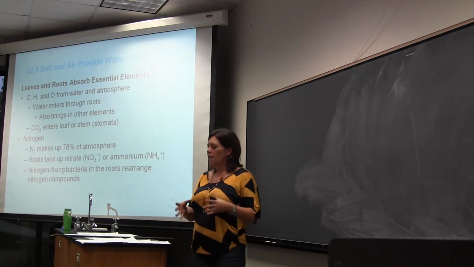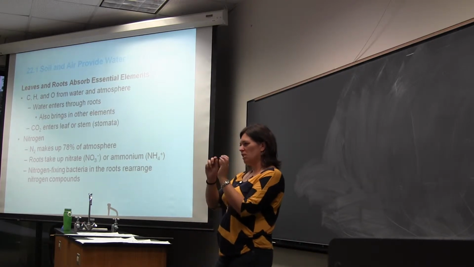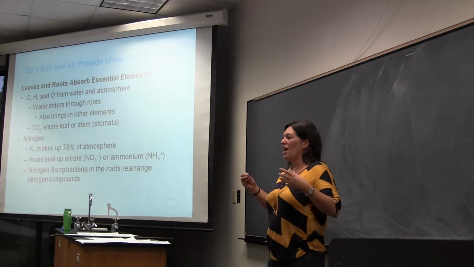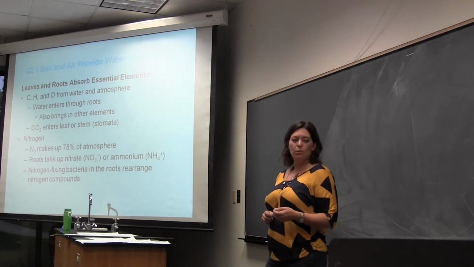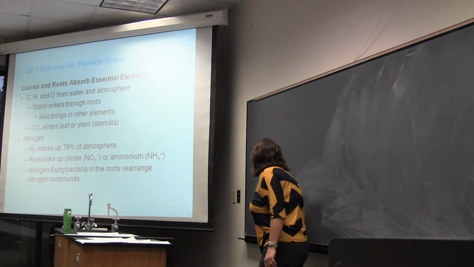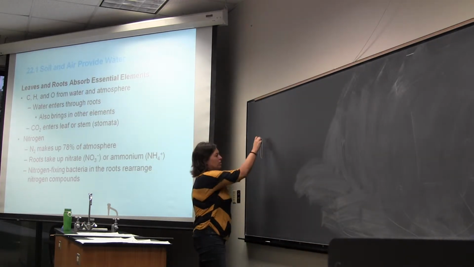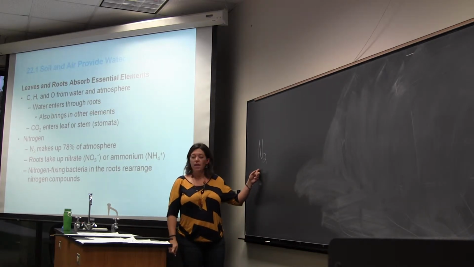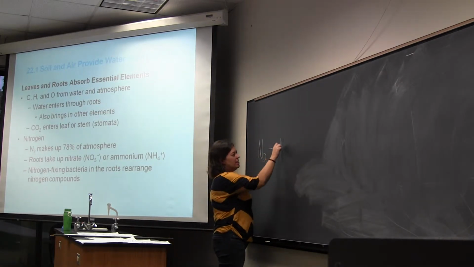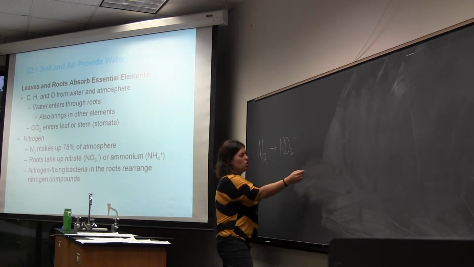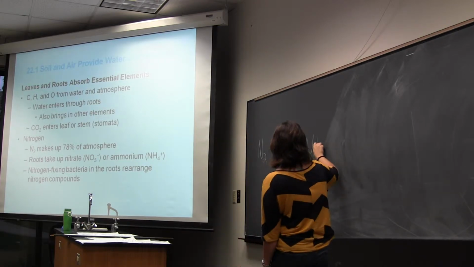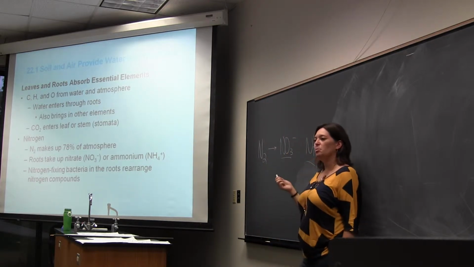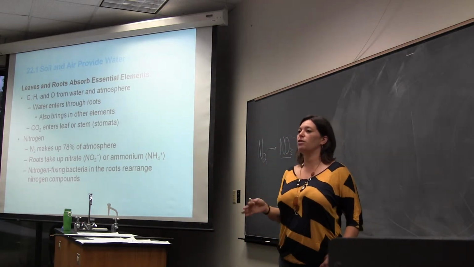So what happens is they have these little nodules, these little buds on the roots, that have a type of bacteria in them. What those bacteria do, their job is to convert nitrogen gas that's found in the soil into either nitrate or ammonium. Now, nitrate and ammonium can directly feed into the plant cell and be their source of nitrogen.